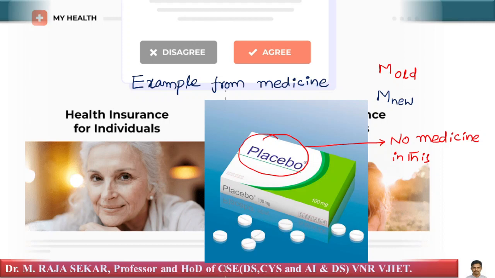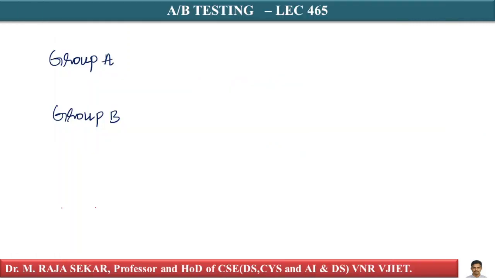So now, let's take a bunch of patients or users. You break these users into two groups, group A and group B. Group A is given the old medicine, and group B is given the new medicine.